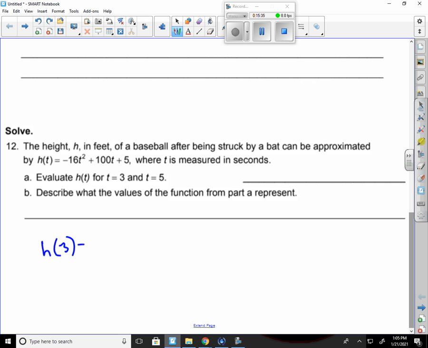So h of 3 equals negative 16 times 3 squared plus 100 times 3 plus 5. 3 squared is 9. Negative 16 times 9. I can't say I know what that is.